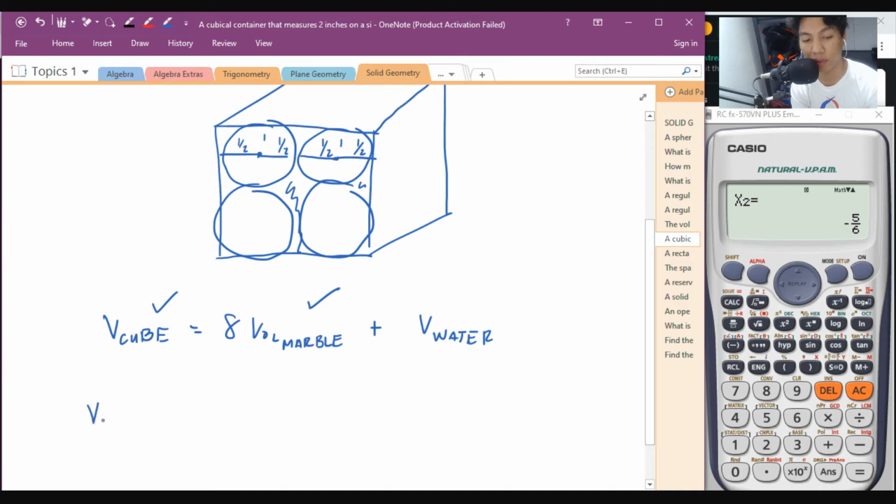In order to find the volume of the water, since the total volume of the space is the volume of the cube, minus the volume of the marbles. How many marbles? 8 marbles.